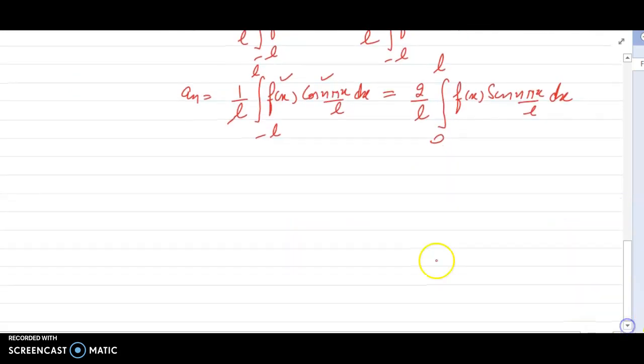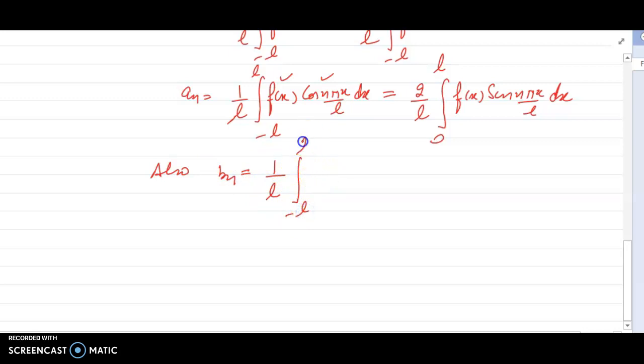Now what will be the value of bn? bn is equal to 1 by L integral from minus L to L f x sine of n pi x by L dx. Now f x is even, sine is odd, product is odd, so its result is 0.